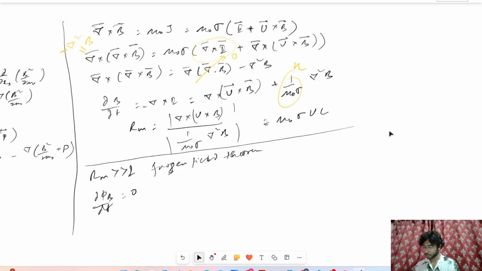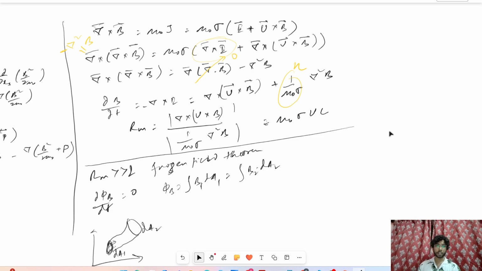If you have a bundle of fluid which travels from one place to another, whatever magnetic flux was passing through the initial surface, phi, which is the integration of B dot dA, so B1 dot dA1 at the first instant, and the integration of B2 dot dA2 at the second instant, will be constant.